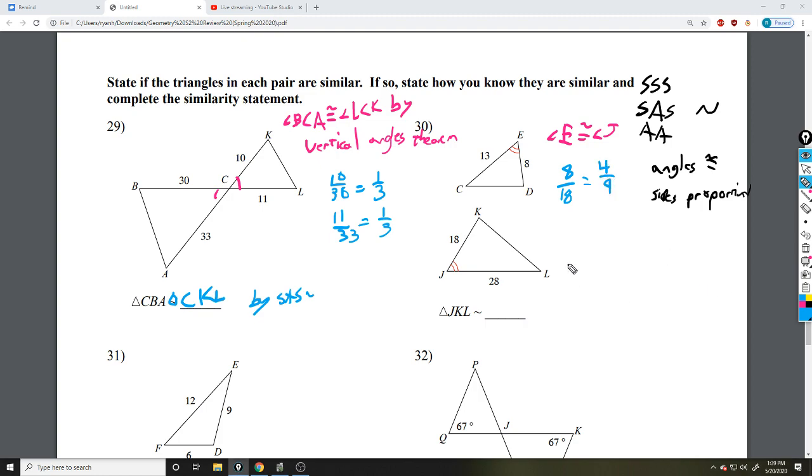Okay, so we just need the other one to match 4 over 9. Longer side here is 13. Going to match up with the longer side here, which is 28. Which doesn't reduce to anything. Uh-oh. Those don't match. Not similar. Those are not similar. The reason they aren't similar is because the ratios don't match.